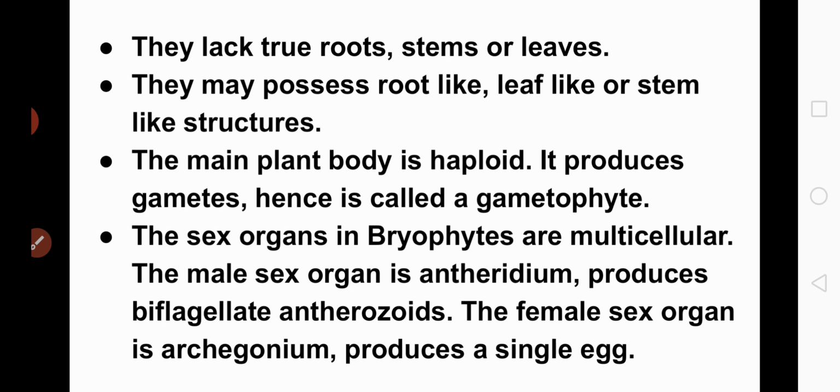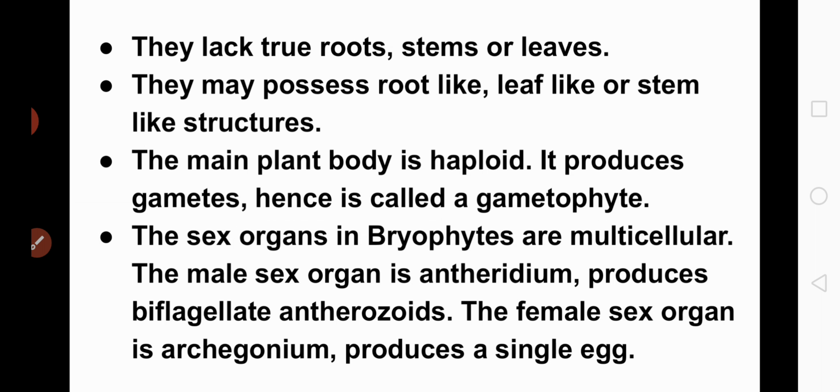They lack true roots, stems, or leaves, and they may possess root-like, leaf-like, or stem-like structures. The main plant body is haploid, which means it produces gametes. The dominant phase here is the gamete-producing phase, hence the plant body is called a gametophyte.